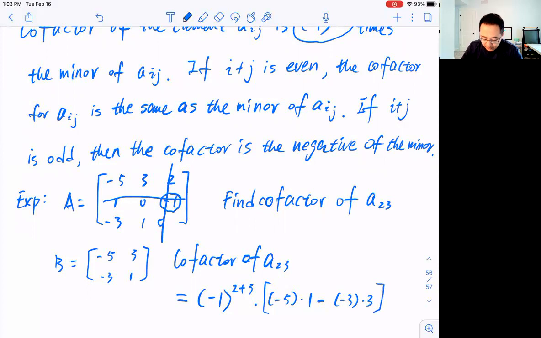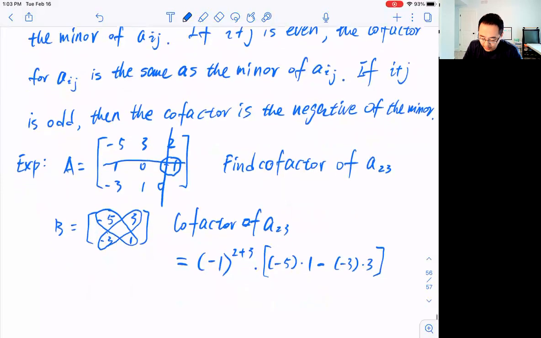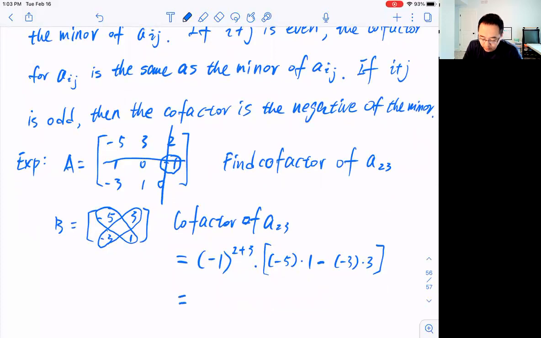Again, that is the product of these two elements multiplied together minus the product of these two elements multiplied together. And if you do that, -1 raised to the 5th power is still negative. Then you have -5 times 1 is -5, minus -3 times 3 is -9.